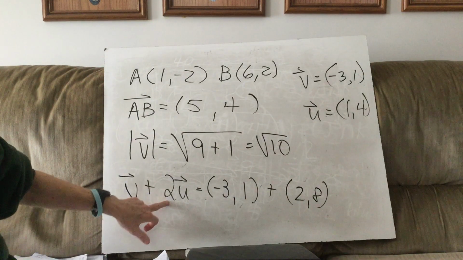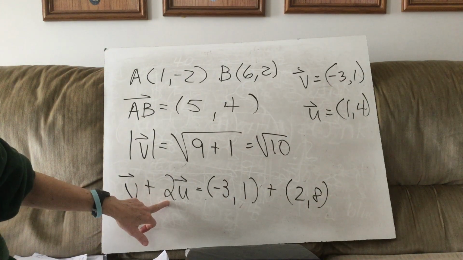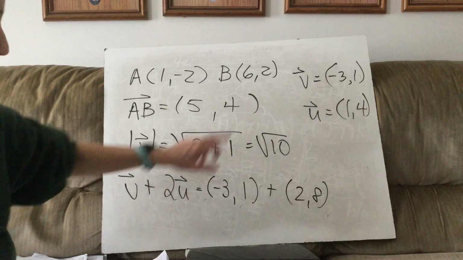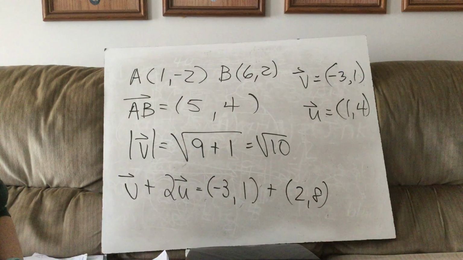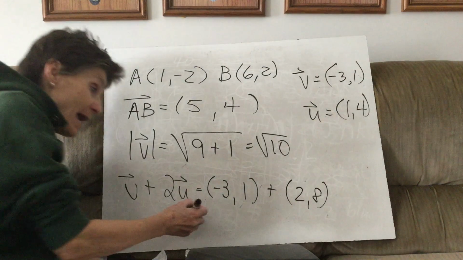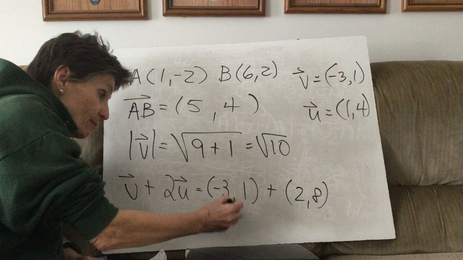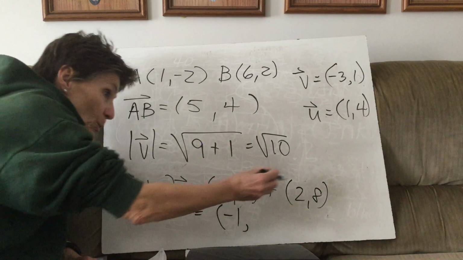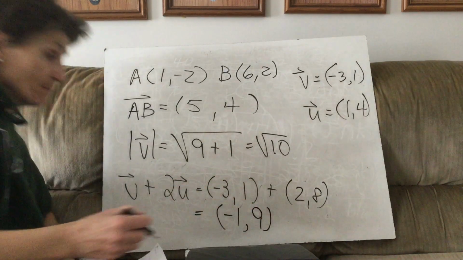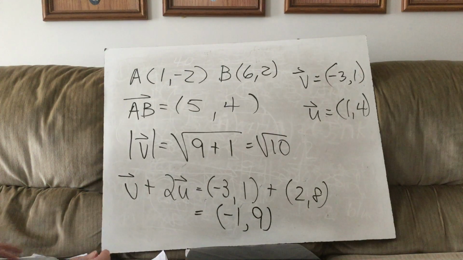Remember, when you have a scalar out in front of the vector, just like with the matrix, you take that scalar times everything inside the vector. Now we're going to add them. So we add the x's and get negative 1, and we add the y's and get 9. And there is the final answer to the problem.